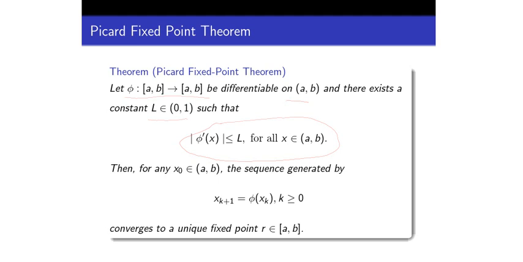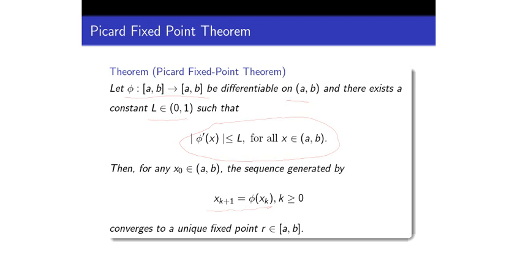Then for any x naught in AB, the sequence generated by this functional iteration scheme converges to a unique fixed point R. So it's simpler if the function is differentiable and maps closed interval AB into closed interval AB. It's easy to check whether its derivative remains bounded by a number which is non-zero and strictly less than 1.